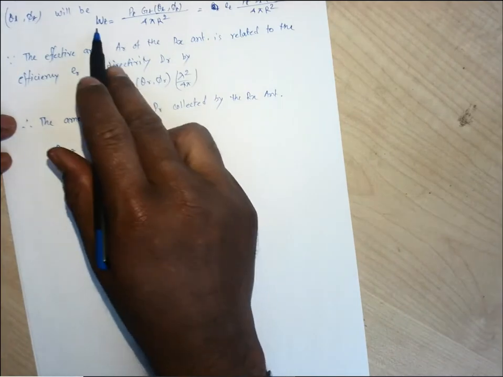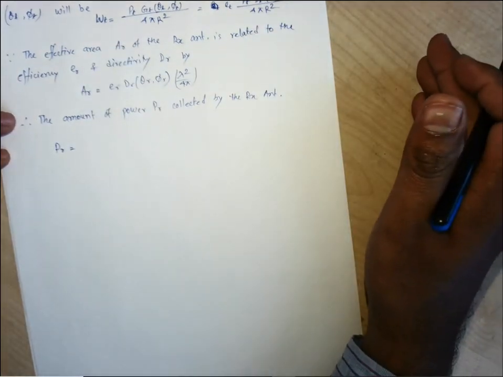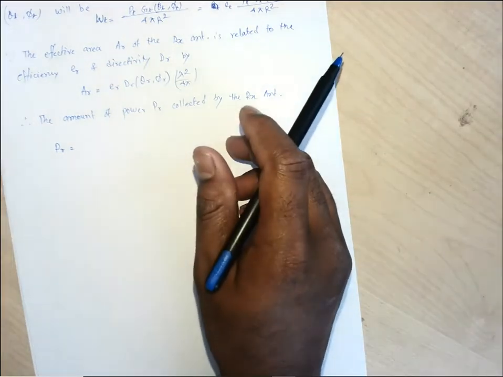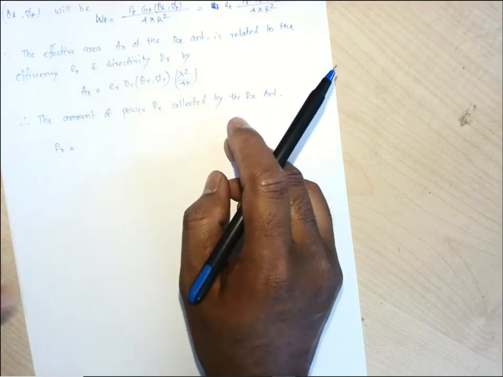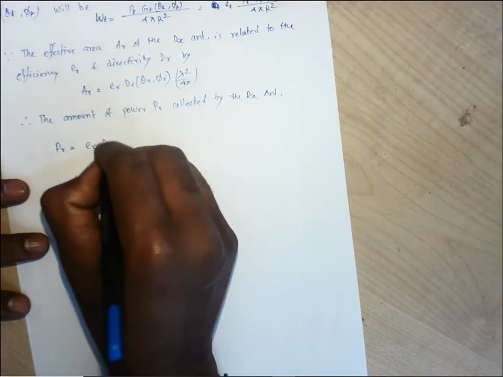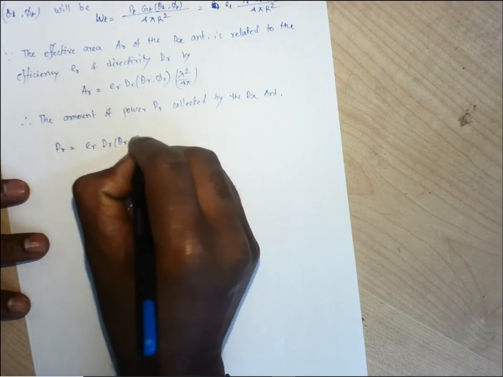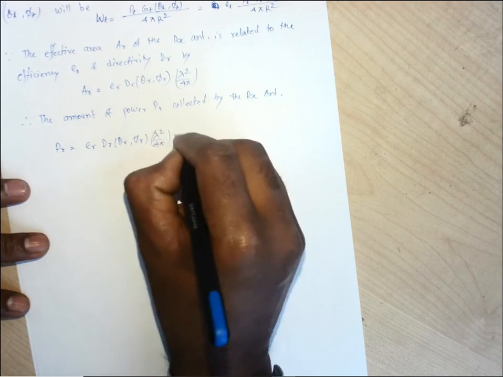Because this much power is available at the receiver side, but the receiver can only receive depending upon the aperture area. So we can write P_R = e_R D_R(θ_R, φ_R) λ²/4π times W_T.